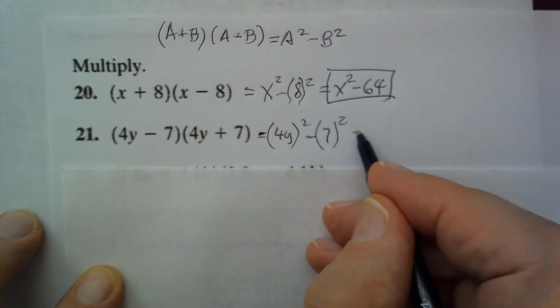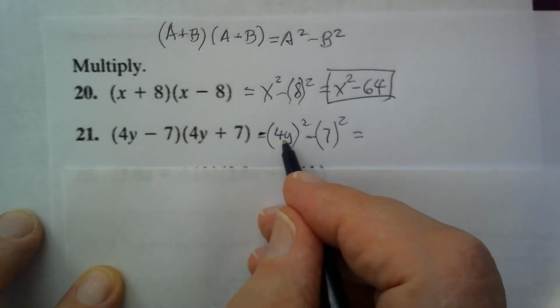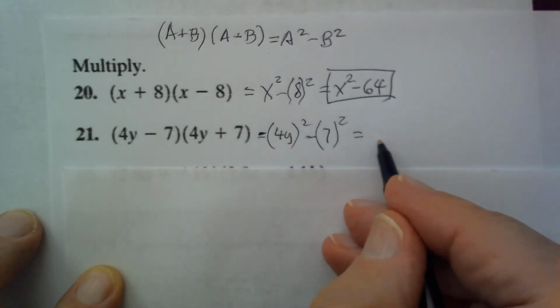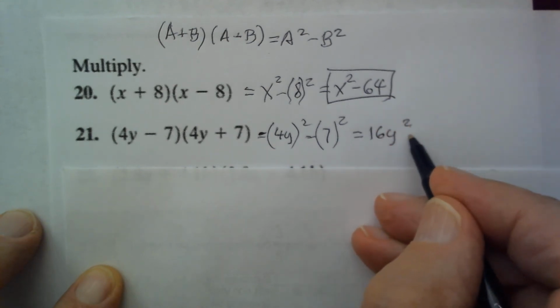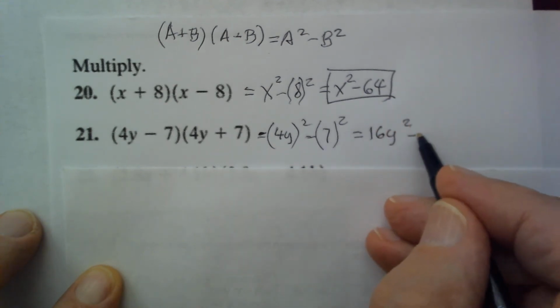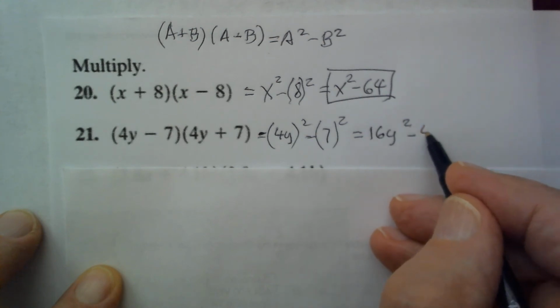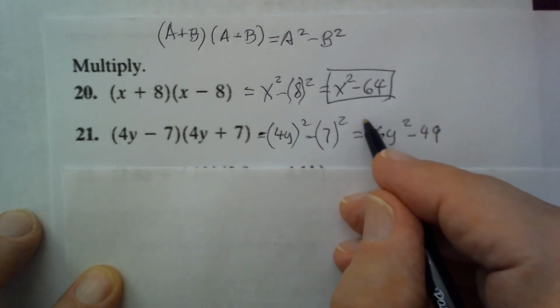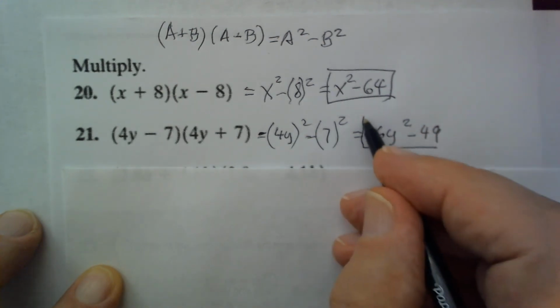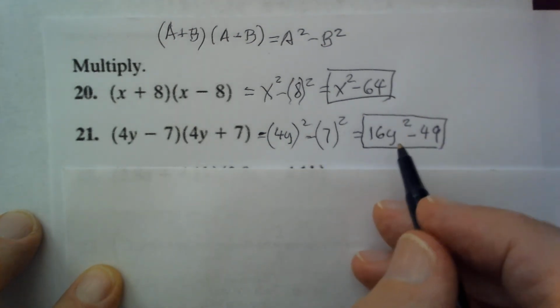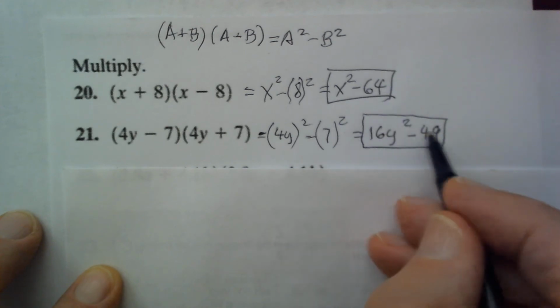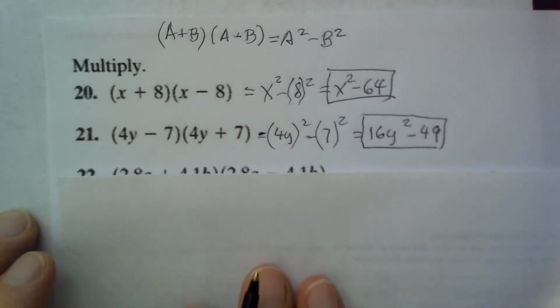So what is 4y squared? Well, it means 4y times 4y, which is 16y squared, minus 7 squared. 7 squared is 49. And obviously we cannot combine any of these terms because they are not like terms.